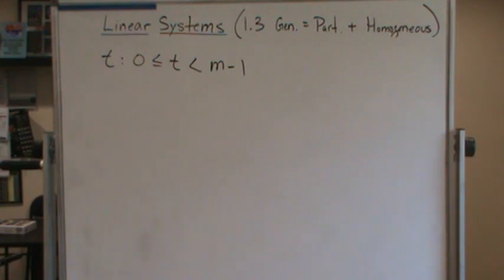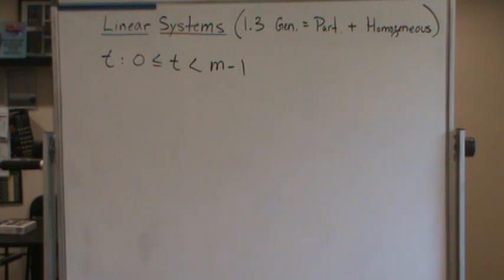So what we're going to do is assume that for the mth equation and the m minus 1th equation, and so on, up to and including the m minus tth equation, we can go ahead and express the leading variable in terms of the free ones.